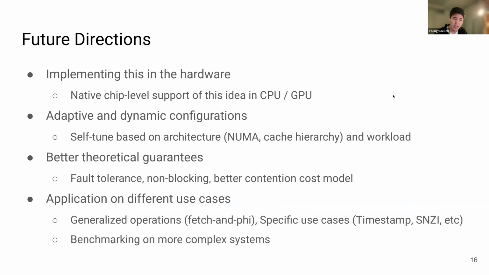For future directions, we can think of many interesting ways of going forward. For example, we can implement this in hardware, such as specific types of CPUs or even GPUs, to make the fetch and add operation much faster at the hardware level as well.